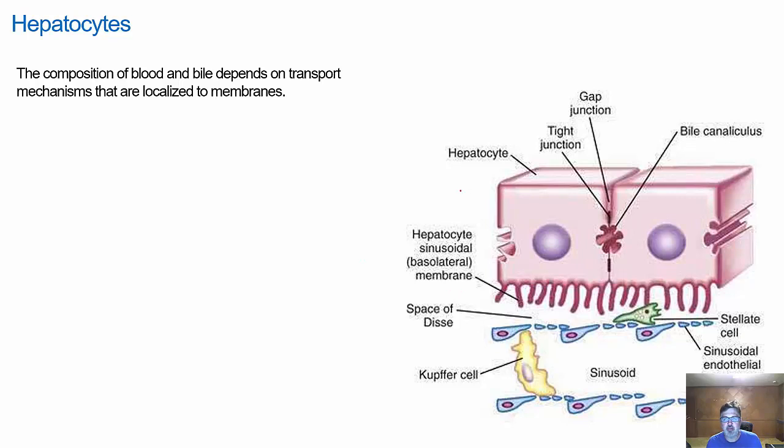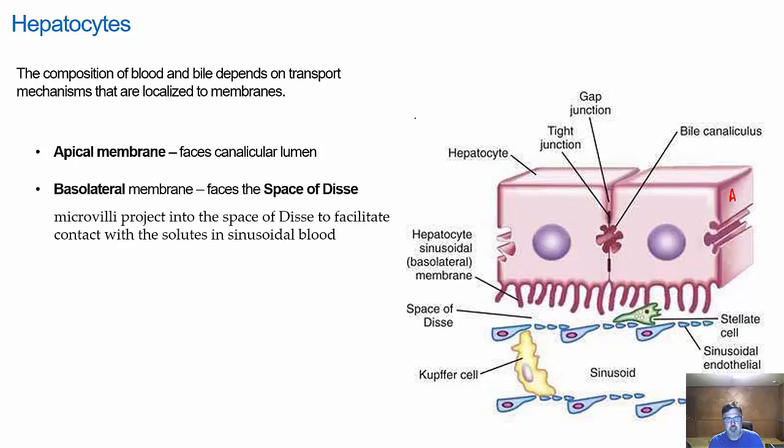Now here we have a couple of hepatocytes joined together, and you'll notice that they have 2 different faces or 2 different membranes. The first one we'll look at is the apical surface. The apical surface is this surface here where the 2 hepatocytes are joined together. So this would be an apical surface, and this would be an apical surface. The basolateral surface is the surface that's actually facing the space of Disse.